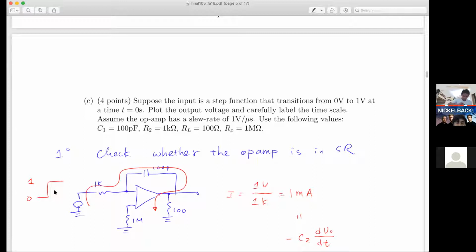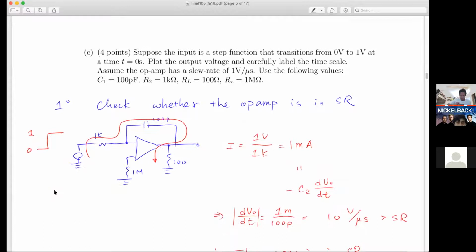Here, the op-amp has a limited slew rate of 1 volt per microsecond. So the first step, we need to check whether the op-amp is in the slew rate region. We can assume the op-amp works as ideal. When there is a step from 0 to 1, the current flowing through the resistor is 1 volt over 1K, which is 1 milliamp.